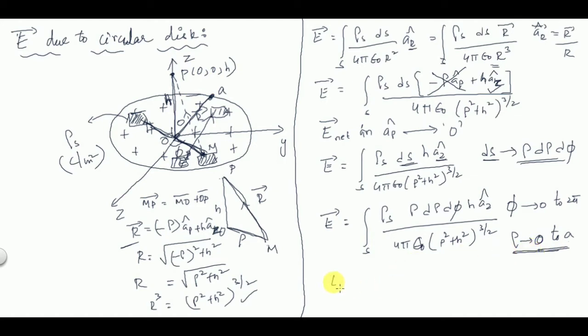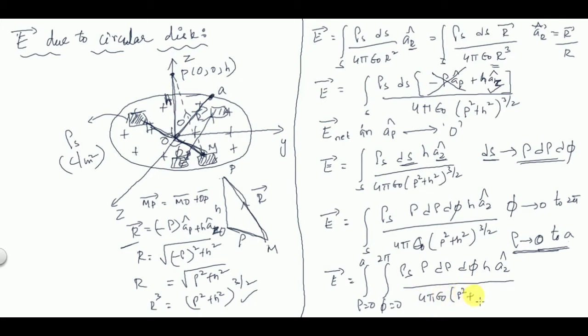So that E bar now becomes integral rho is equal to 0 to a, integral phi is equal to 0 to 2 pi, rho s into rho d phi into H az cap divided by 4 pi epsilon naught into (rho square plus H square) whole to the power of 3 by 2. Okay, so understood up to here?